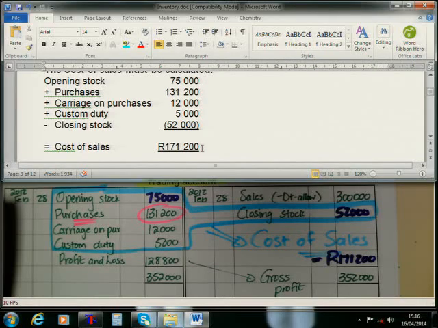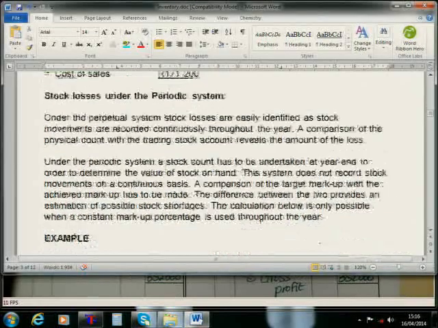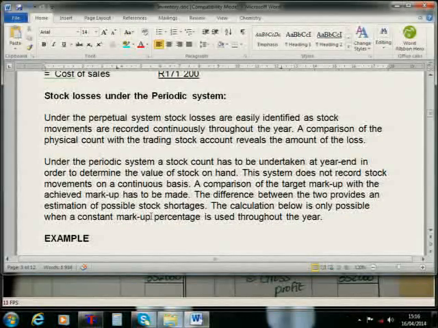Remember, in the perpetual system, you can see the balance according to the books and the balance according to the storeroom, so you can work out trading stock deficit or surplus. But in the periodic system, for stock losses, I'm going to read you this.